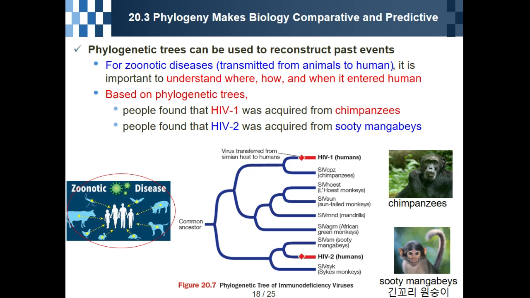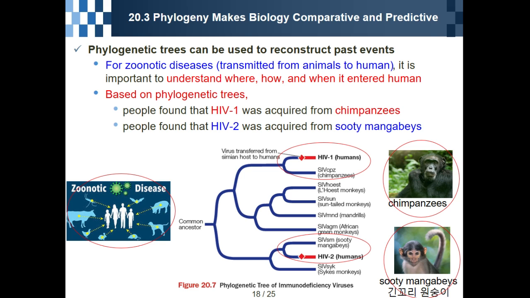So based on these phylogenetic trees, people found that HIV-1 occurs from the chimpanzee. Okay, and also HIV-2 comes from sooty mangabeys. In Korean, we call it 긴꼬리 원숭이. They have a long tail like this.